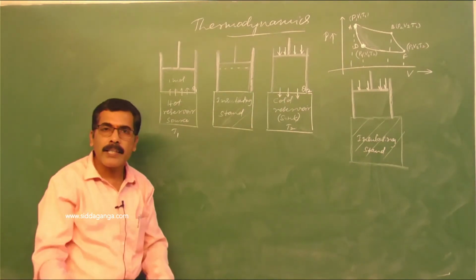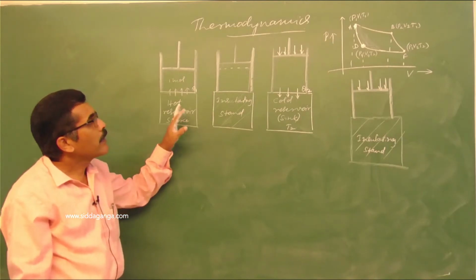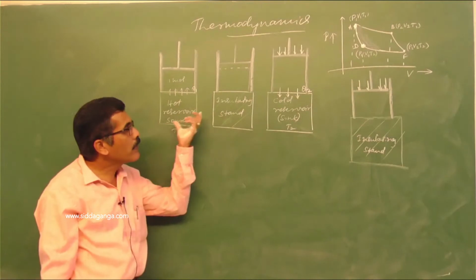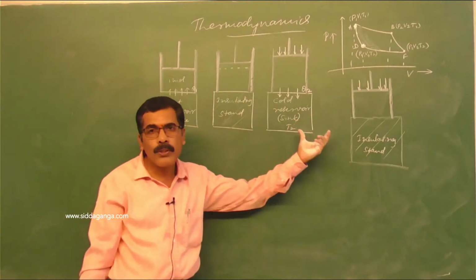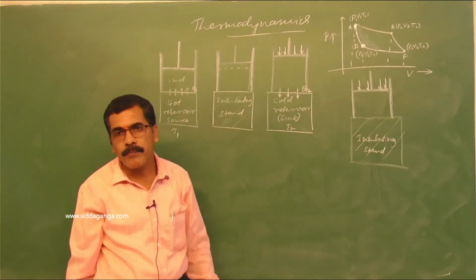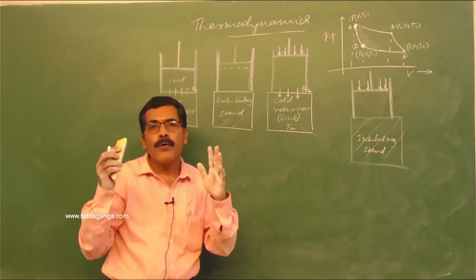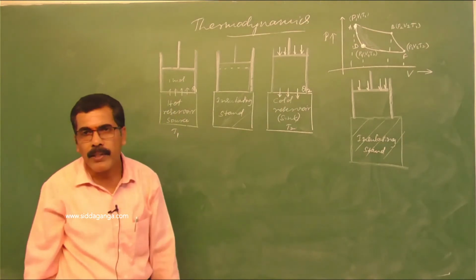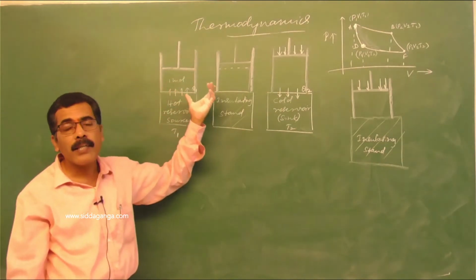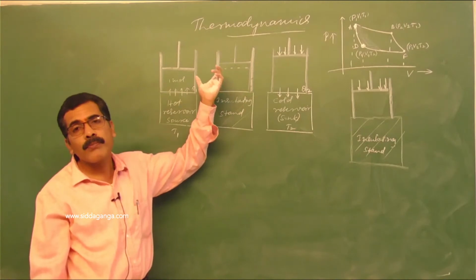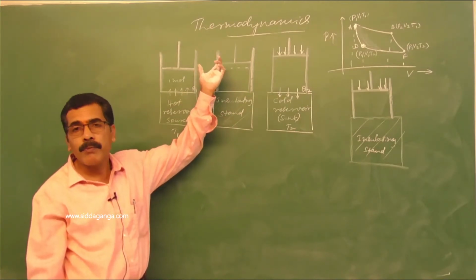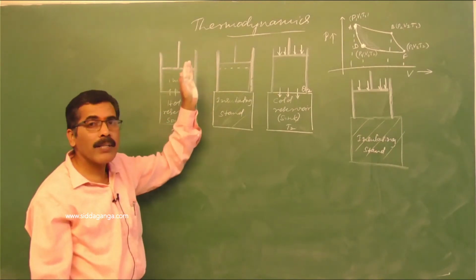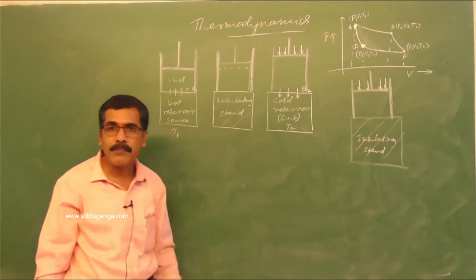I will just explain this once again. In a Carnot engine, we have a hot reservoir, insulating stand, and cold reservoir, and we have taken an ideal gas, mu moles of ideal gas or 1 mole of ideal gas, enclosed in a cylinder fitted with a smooth frictionless piston which is insulated.